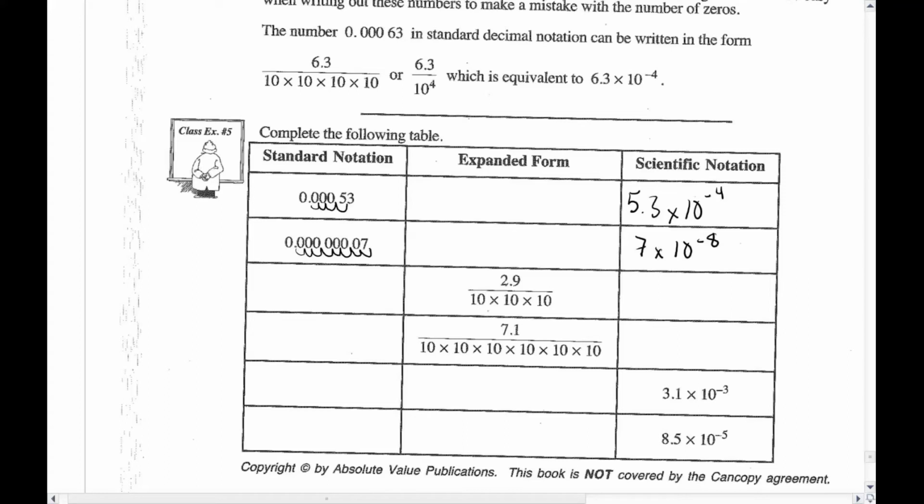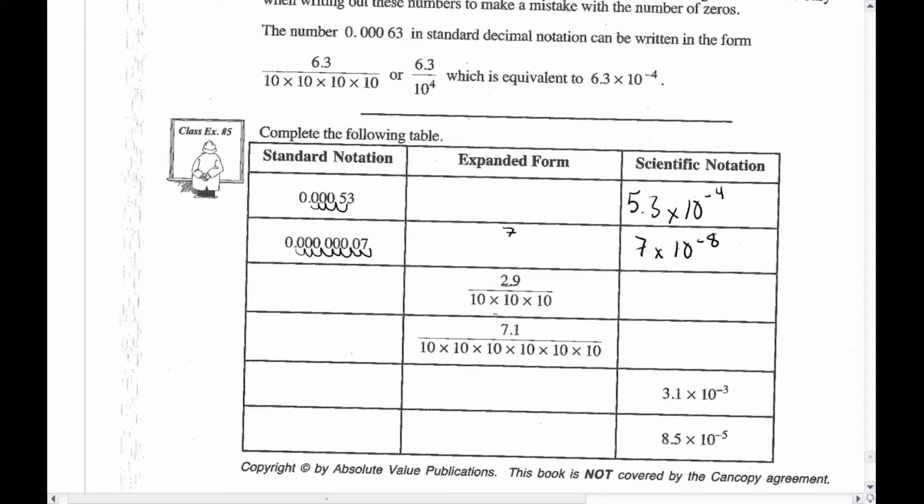We can use the expanded form. When we looked at expanded form of big numbers, it was 2.9 multiplied by a bunch of factors of 10. This time we're looking at 2.9 divided by a bunch of factors of 10. If you remember from our previous lessons, a negative exponent is basically an exponent on the bottom, so you want to switch it from top to bottom.